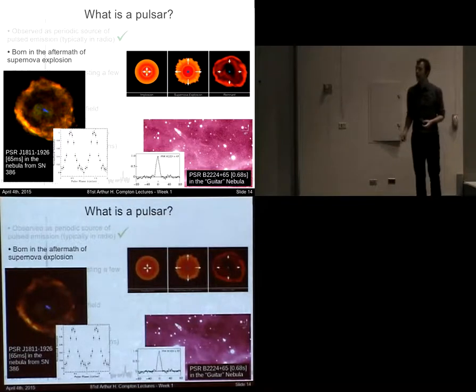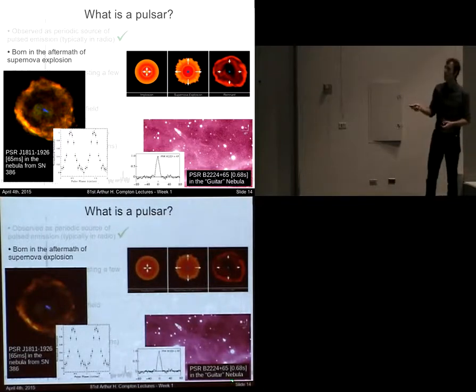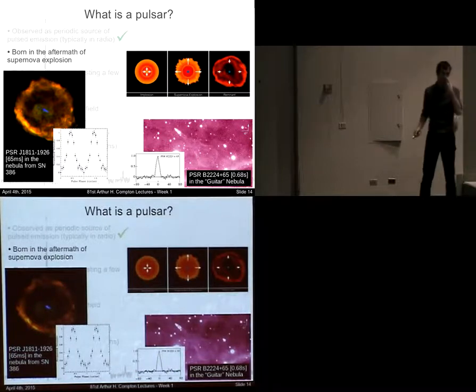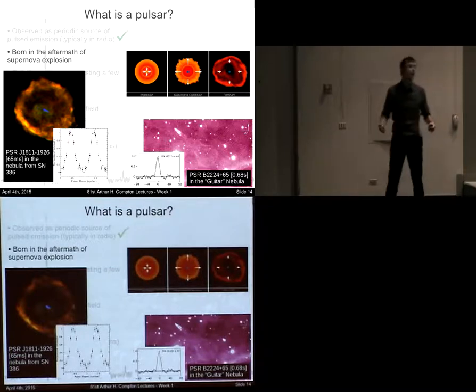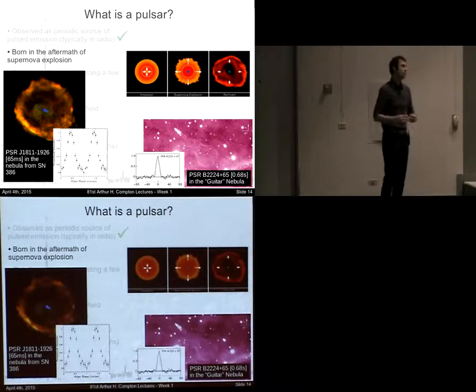Another example is called the Guitar Nebula. I don't know if people can see so clearly, but you have the shell of the remnant here, and then out here the pulsar, PSR B2224+65, this is how it looks in the radio pulse. And it lives right here at the top. What's happened in this example is that the explosion had some asymmetry to it.